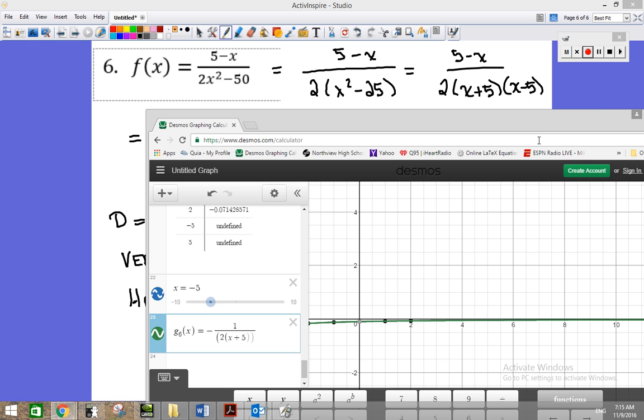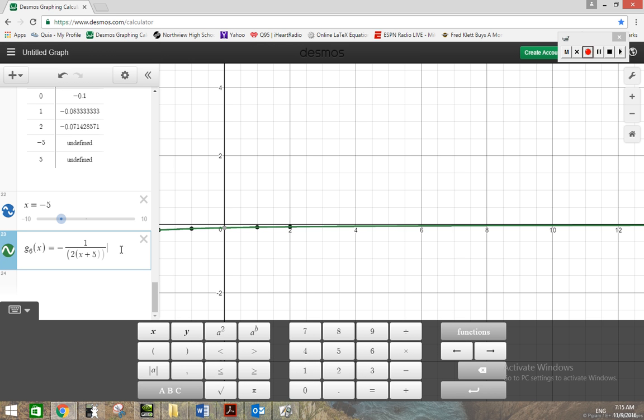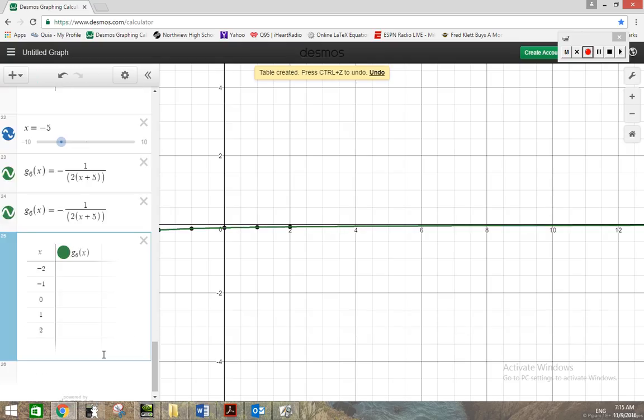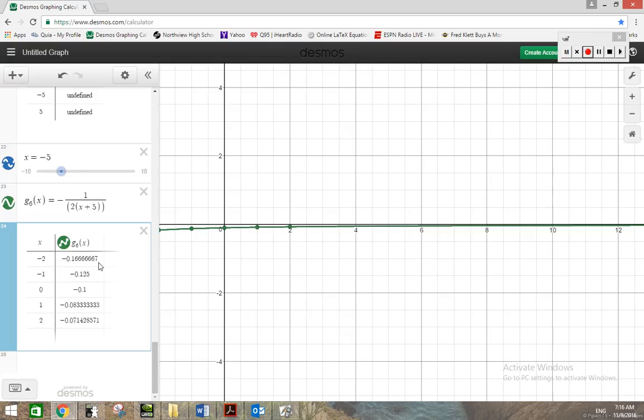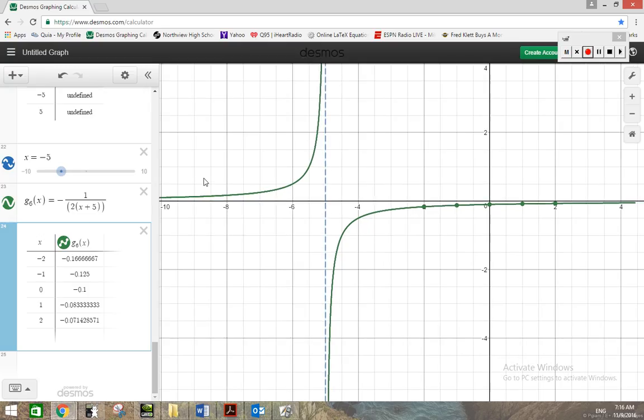When we look at the appearance of these, they're going to look the same. So if I toggle this green off, well, you can't see that very well.